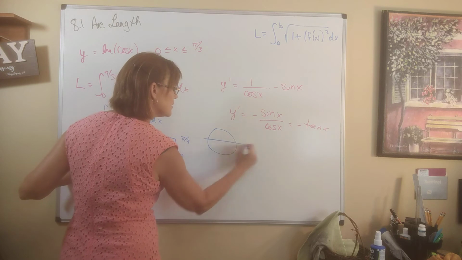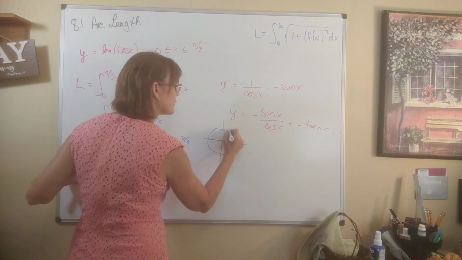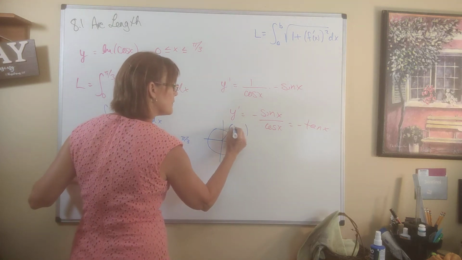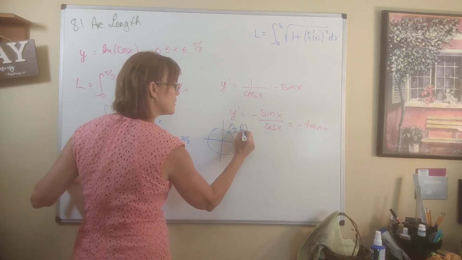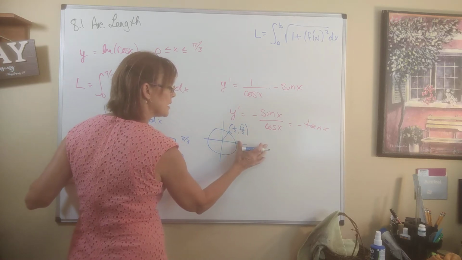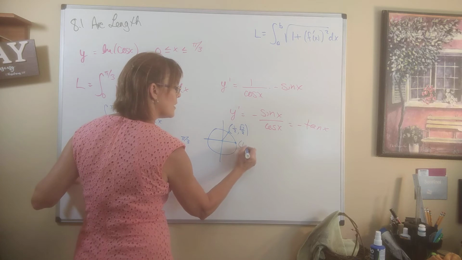So here's my unit circle. This is pi over 3, which has the coordinates of 1/2, square root of 3 over 2. And this is 0, which has the coordinates of 1, 0.